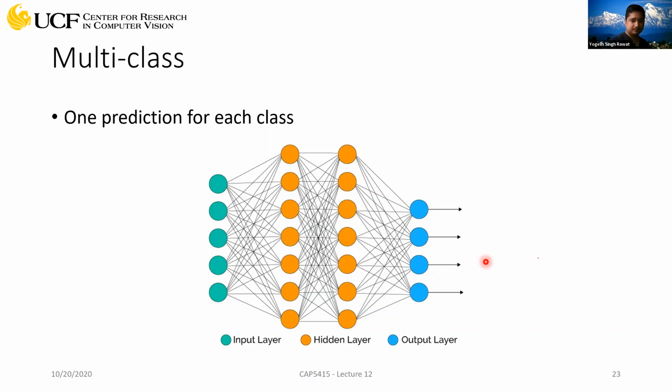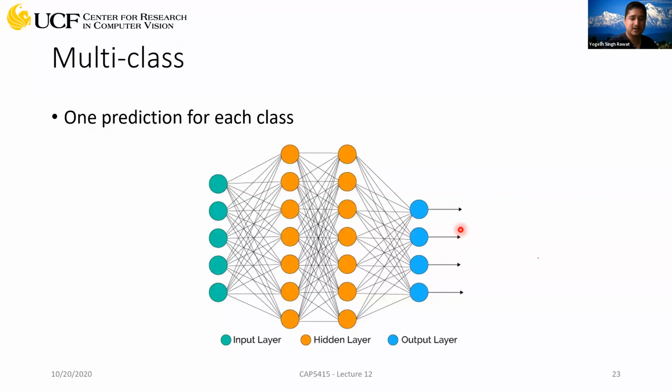Okay, now if you think about it, if it's just multi-class classification, and you're saying that it's not multi-label, which means that in one image only one object category can be present, then given an image, only one of these predictions should be close to 1, and the others should be close to 0.